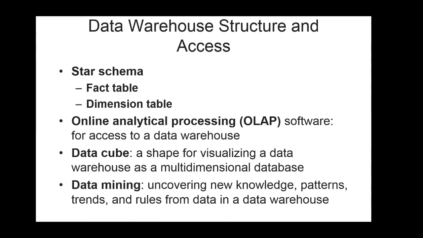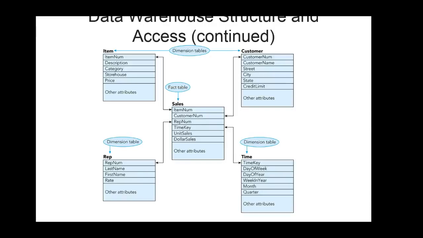Now let's look at data warehouse structure and access. A typical data warehouse structure is the star schema, which is a combination of fact table and dimension tables. The central sales table is called a fact table. A fact table can consist of rows that contain consolidated and summarized data.